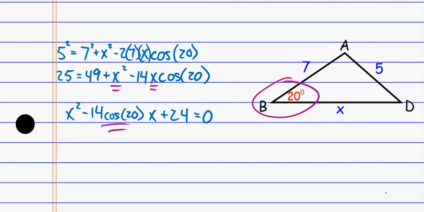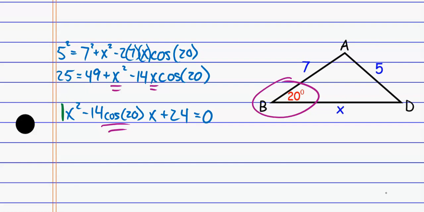The only way to solve this one, if I'm doing my law of cosines, is to use the quadratic formula here. And look at my a, b, and c. My a value is 1. My b value is this whole thing, and my c value is this guy. So if I did my quadratic formula here, I'm just going to start to set it up, and then we'll kind of throw in the towel on law of cosines here.